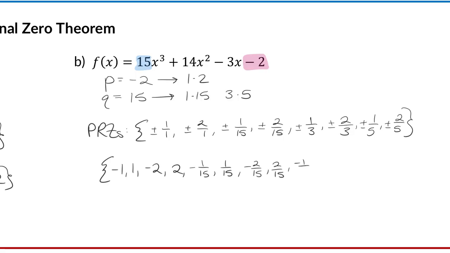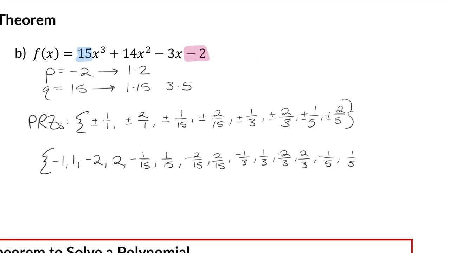There's so many commas. But we want the positive and negative version of each of these integers and fractional numbers. I don't know why I put the plus sign. We get it. We don't need that. So all 16 options appear on this list.